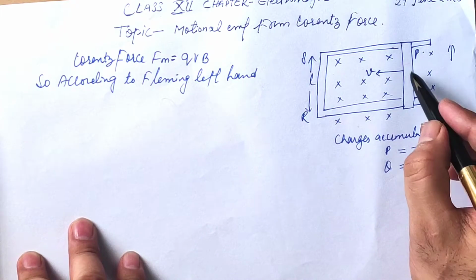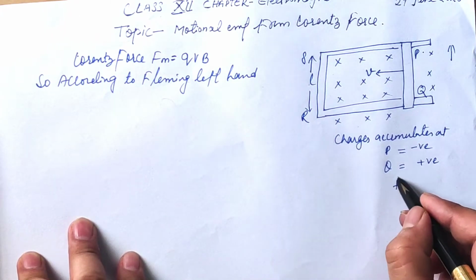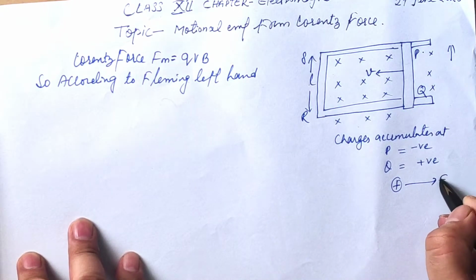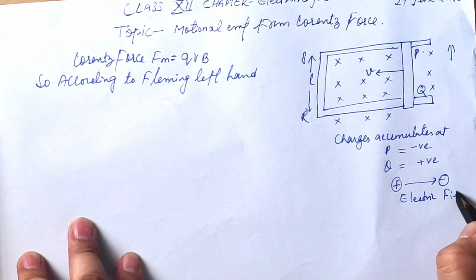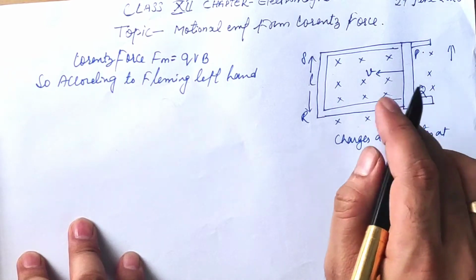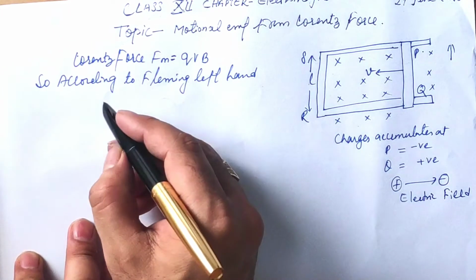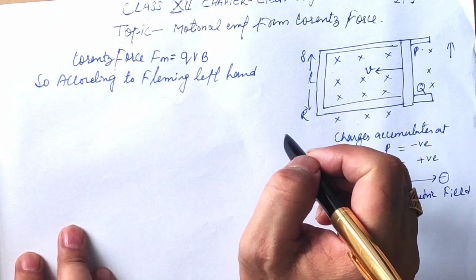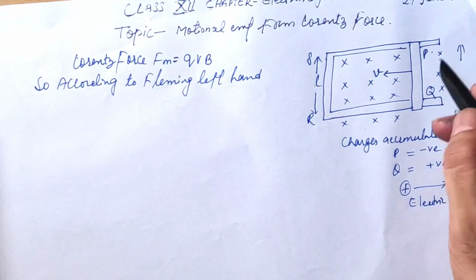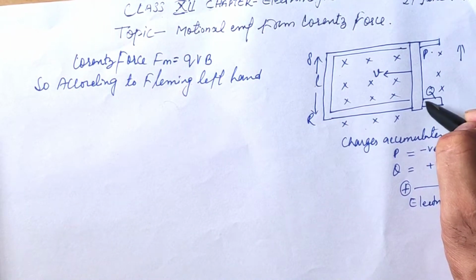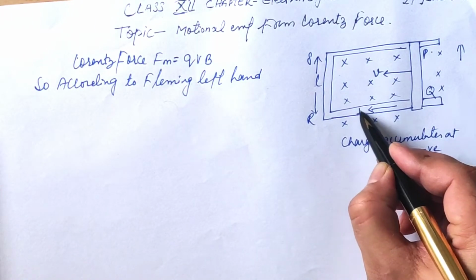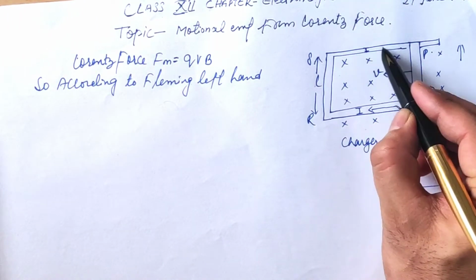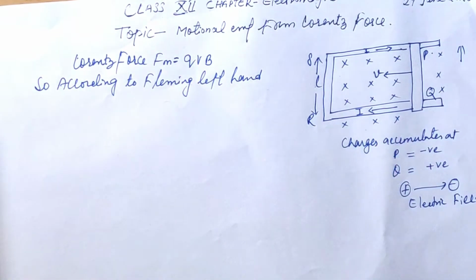Therefore the electric field will be set up, with electric field lines moving from positive charge to negative charge. Electrons are moving towards the P side and charges are accumulating at point Q. So current is towards this direction. This is the direction of current.